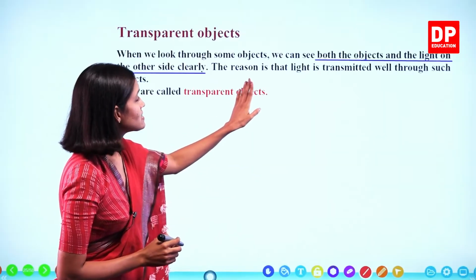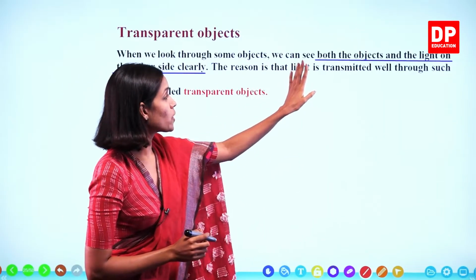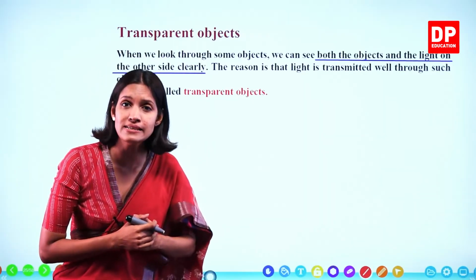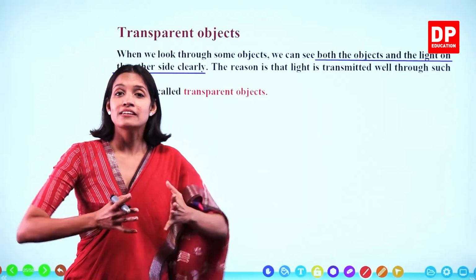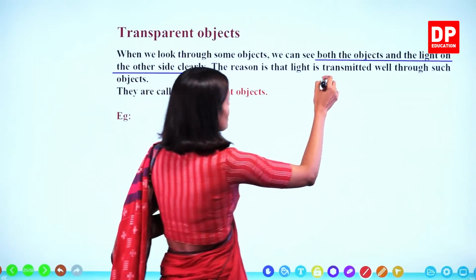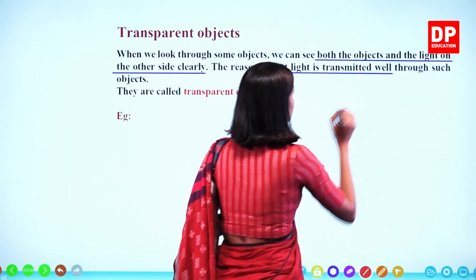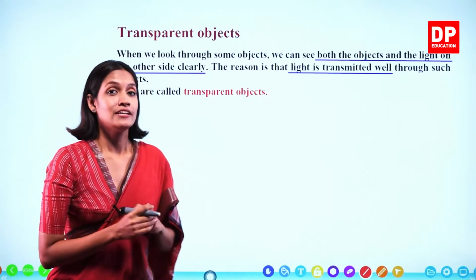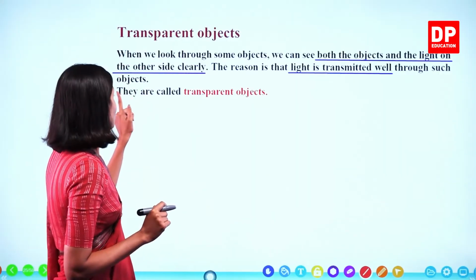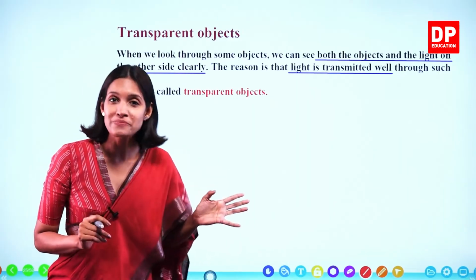The reason is that light is transmitted well through such objects. That is because these type of materials allow light to pass through them very easily, right? Light is transmitted well through such materials. Now we give a special name to these type of materials. They are called transparent materials.